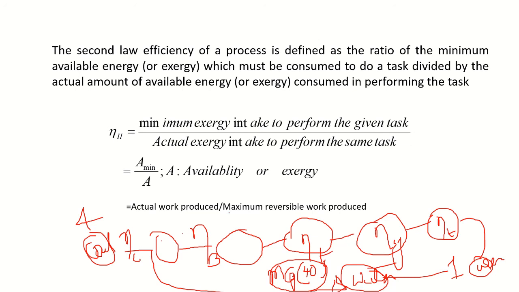But you are following all these paths and finally you are converting a very high grade energy for heating. That is where the problem comes. Is it the most efficient way of doing this? So you calculate the actual energy intake, put that energy here, and with the minimum exergy required, you can find out the second law efficiency.